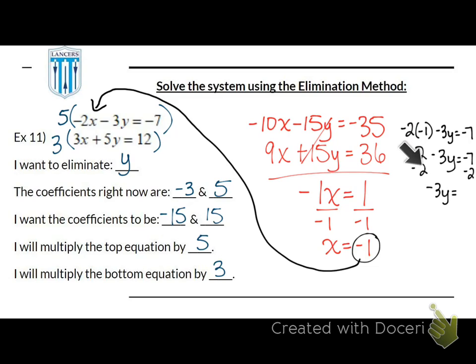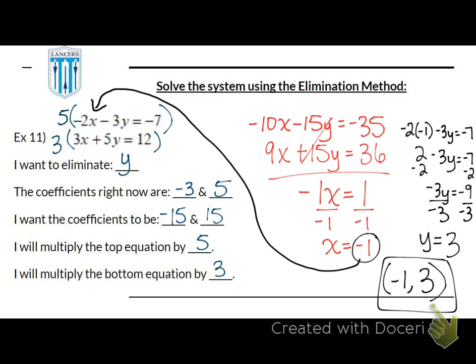Oh, never mind. Oh, gotcha. All right, so we're at -7 minus 2, -9. And then we divide by that -3. We get y equals 3. So as an ordered pair, our answer is -1, comma 3.